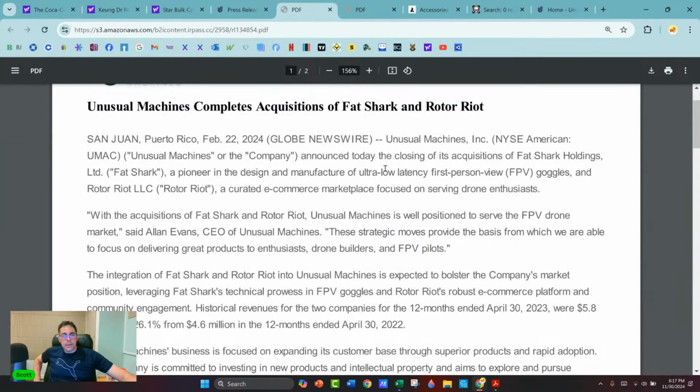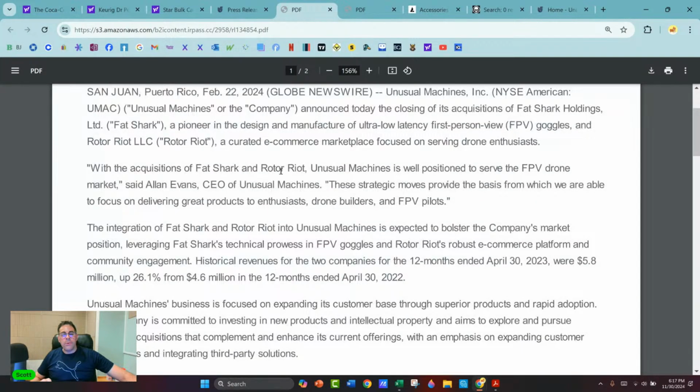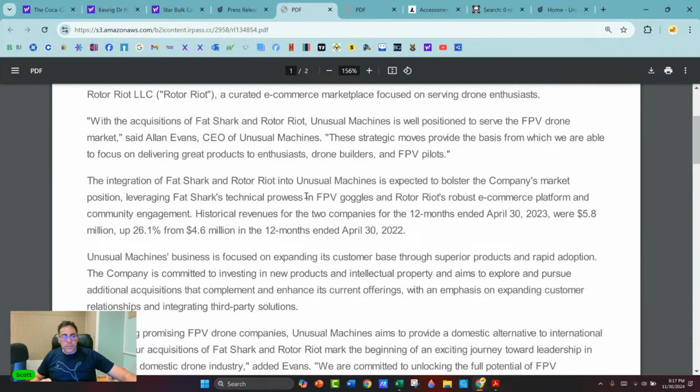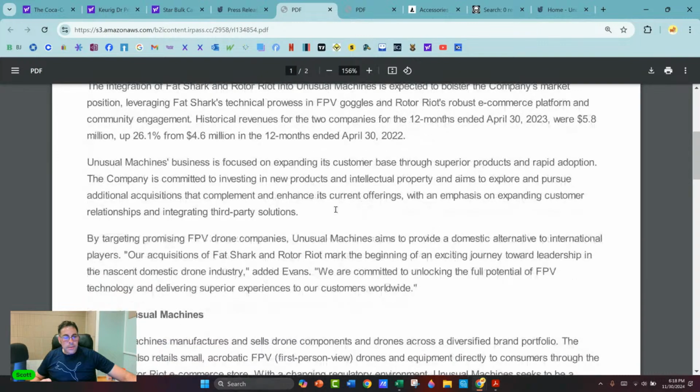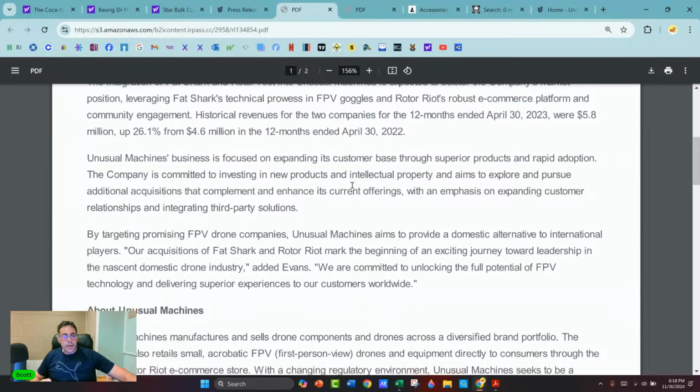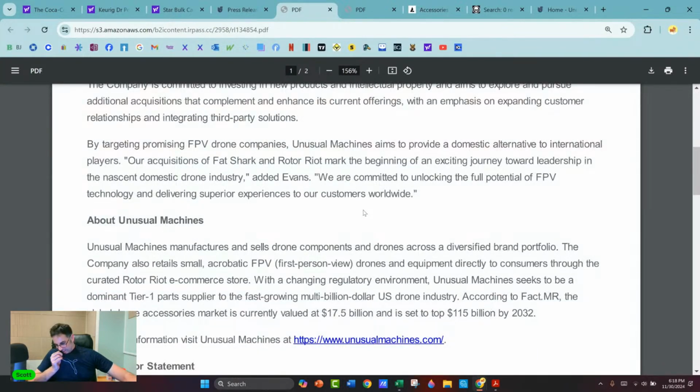With the acquisition of Fat Shark and Rotor Riot, Unusual Machines is well positioned to serve. Integration of Fat Shark and Rotor Riot into Unusual Machines is expected to bolster the company's market position, leveraging Fat Shark's. Okay, well that makes sense then.